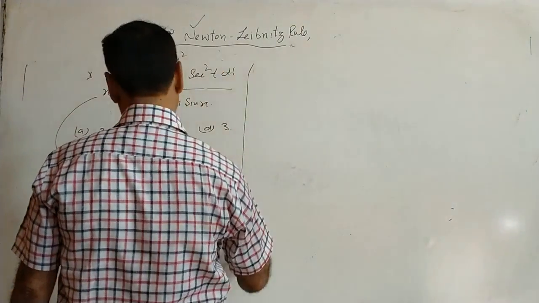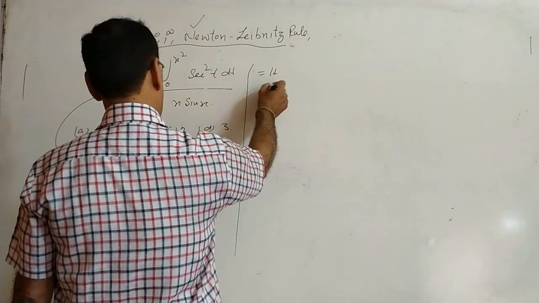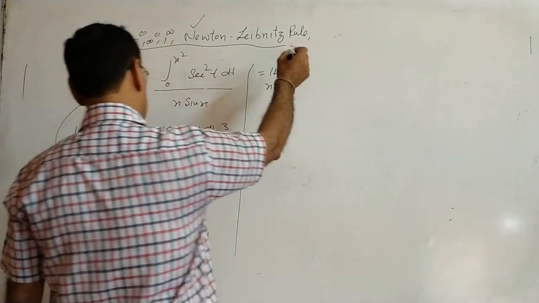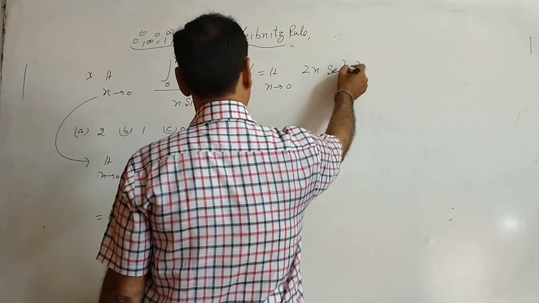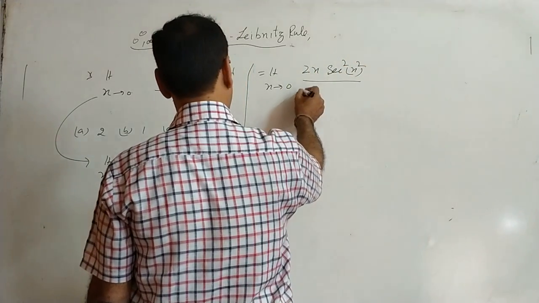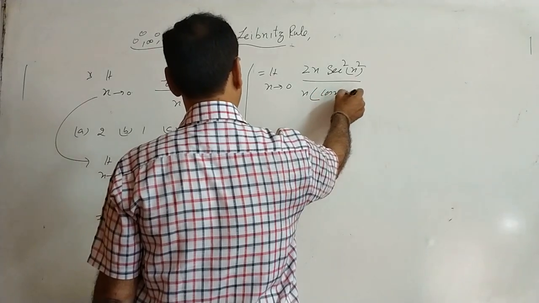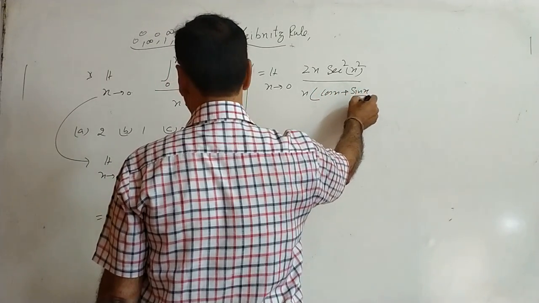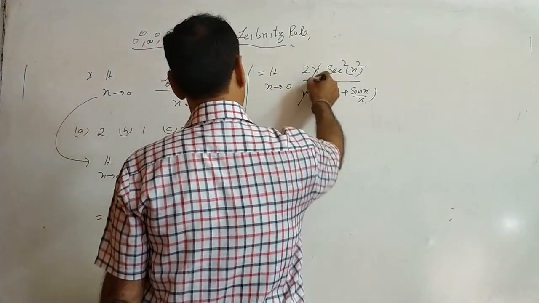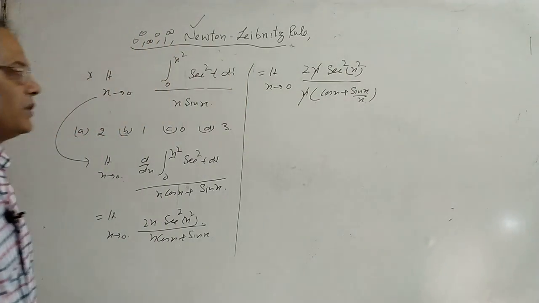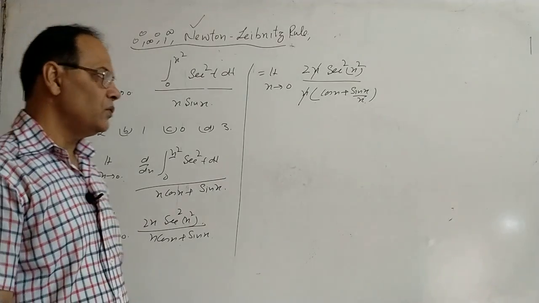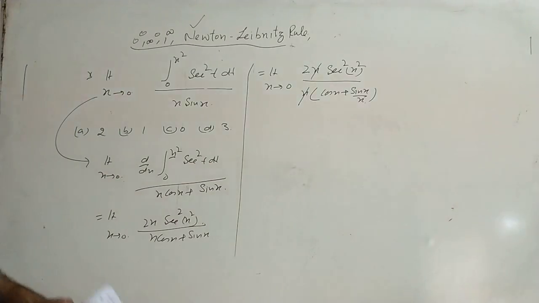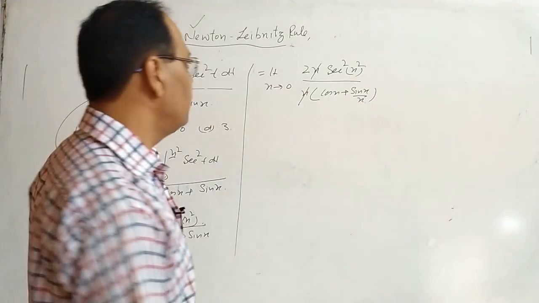So I can write limit x approaches to 0, 2x secant square x square divided by, taking x common, it is cos x plus sin x divided by x. X cancels with this x. When we substitute limit x approaches to 0, secant square 0, secant 0, that becomes 1.